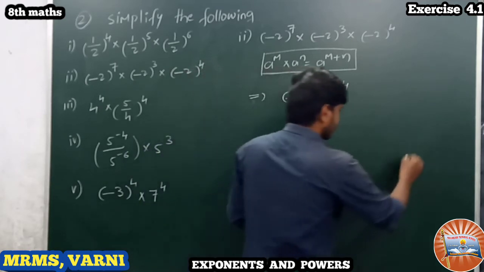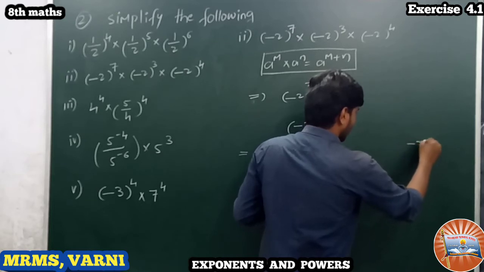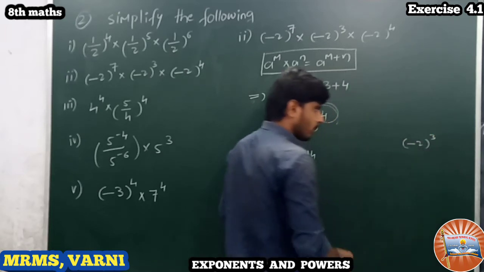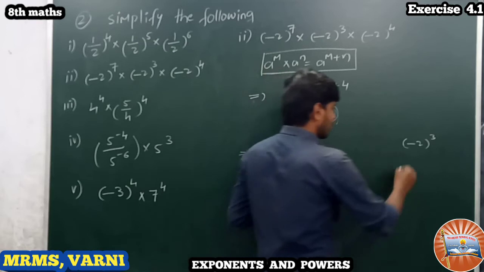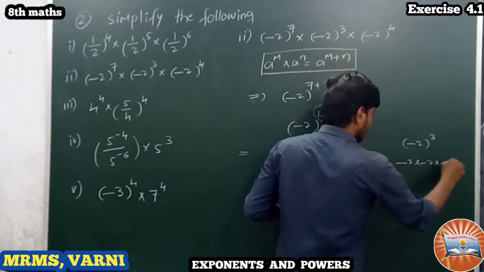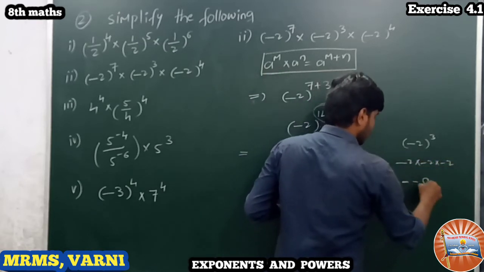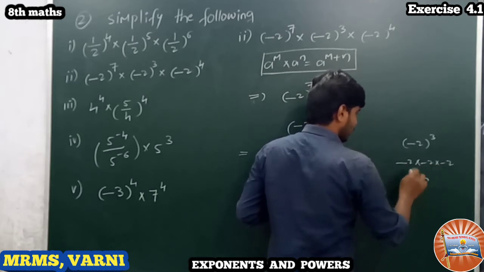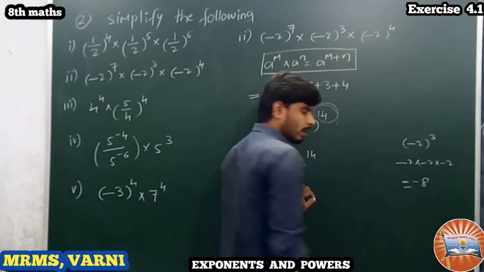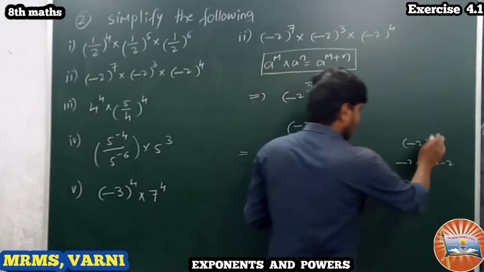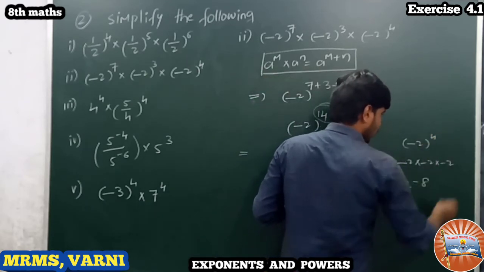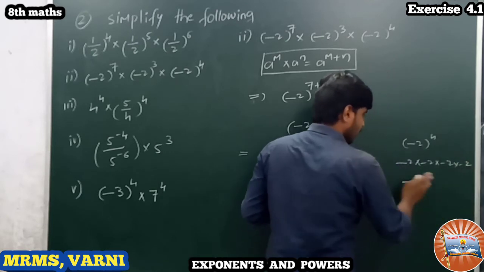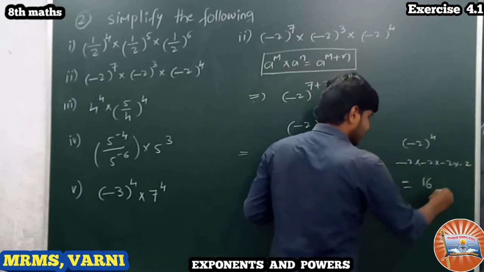Suppose you get, as one example I am writing here, (-2)^3. What becomes? It becomes -2 into -2 into -2, which is -8. Minus into minus is plus, plus into minus is minus, 2 times 2 is 4, 4 times 2 is 8. If it is 4, what does it become? It becomes plus 16.